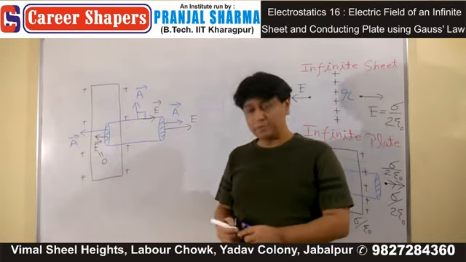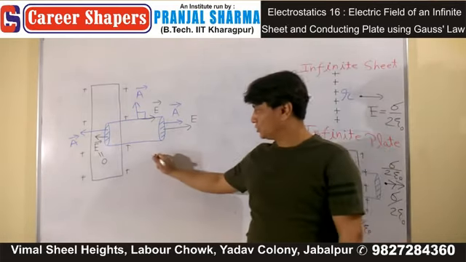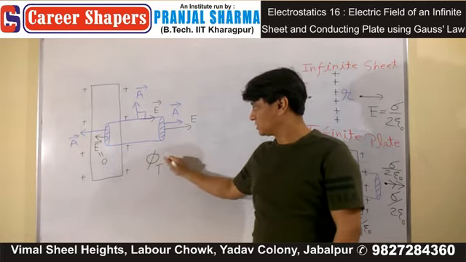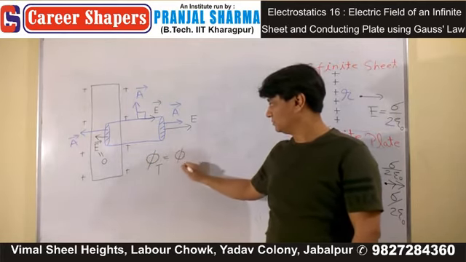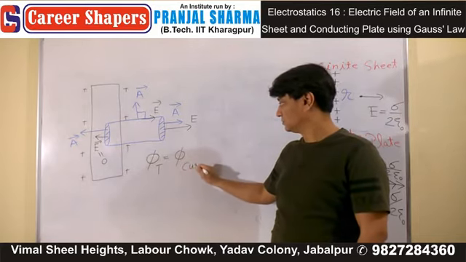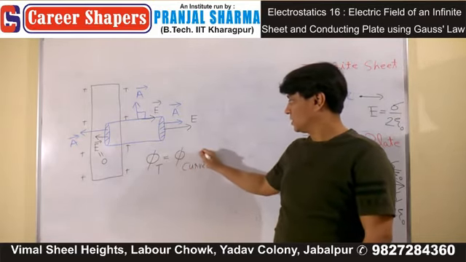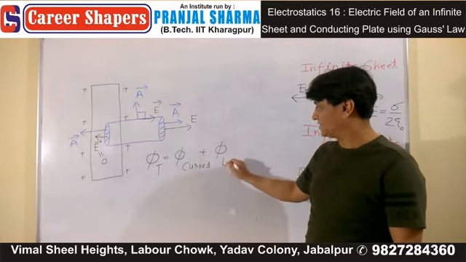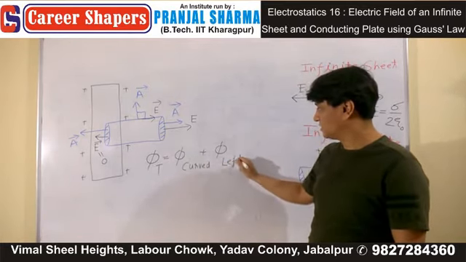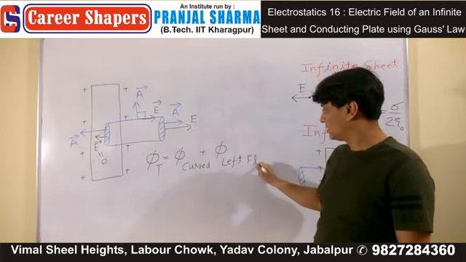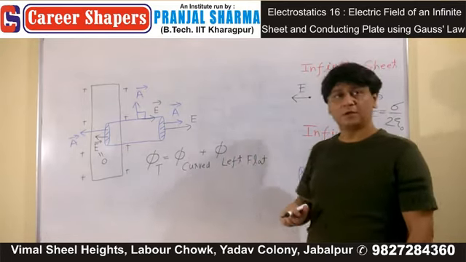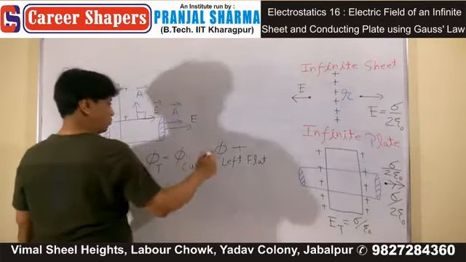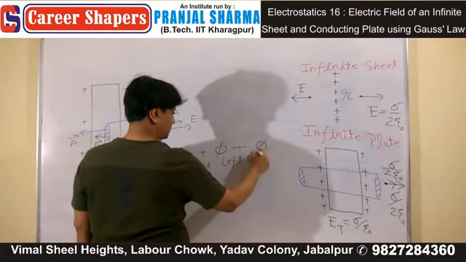For this setup, once you write phi total, this is phi curve plus phi left side flat surface plus phi flux through right side flat surface.